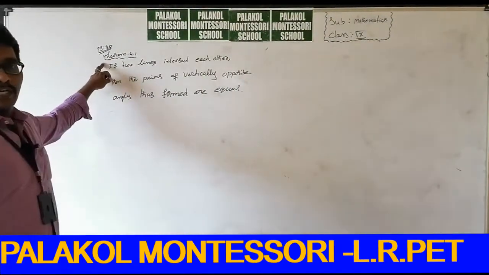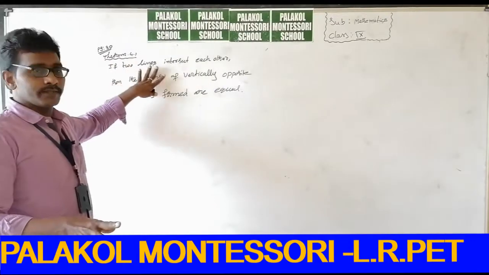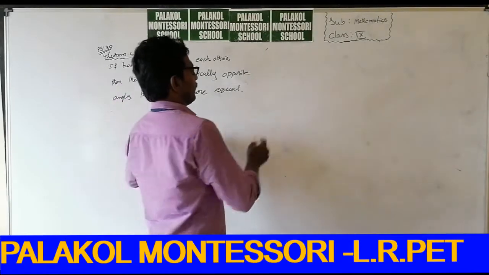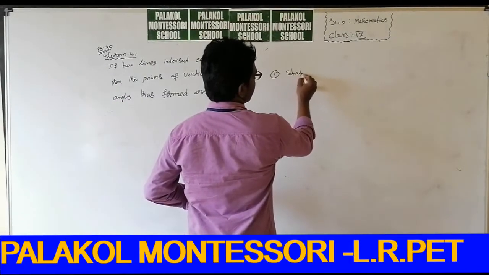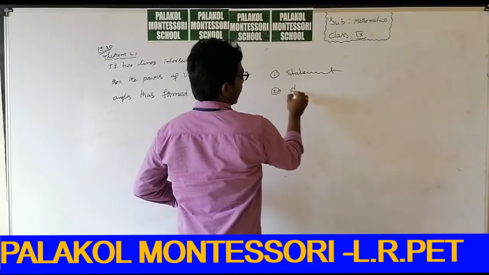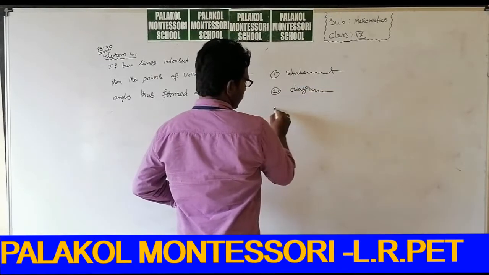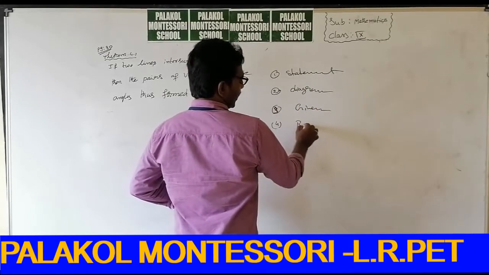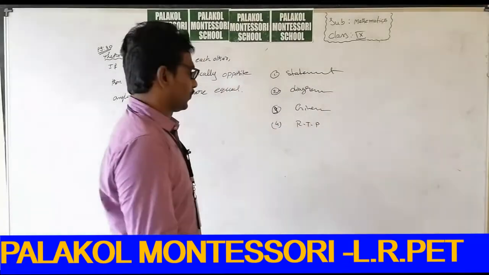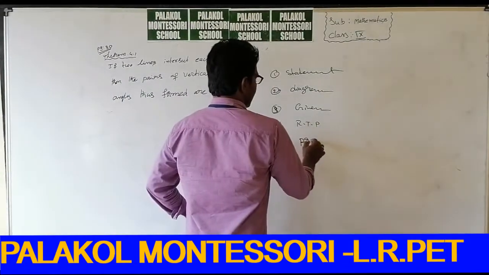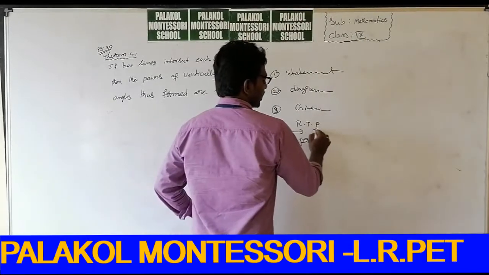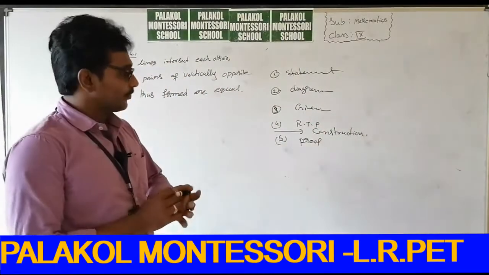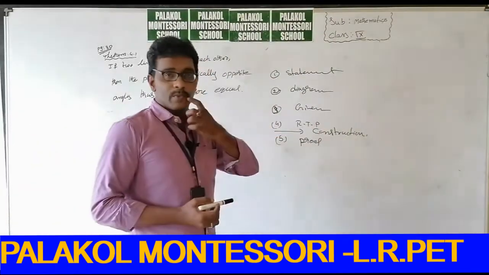For a theorem, first you write the statement, next you draw the diagram, then you write the given. The fourth is RTP, which is required to prove. The fifth is the proof. Sometimes a construction is needed. So keep these five points in your mind.